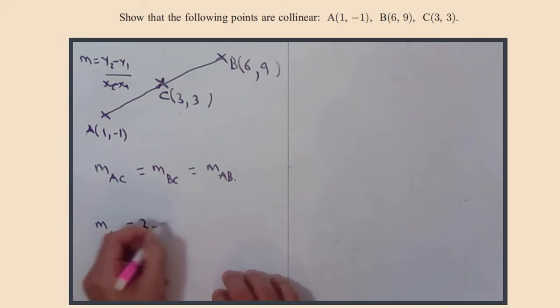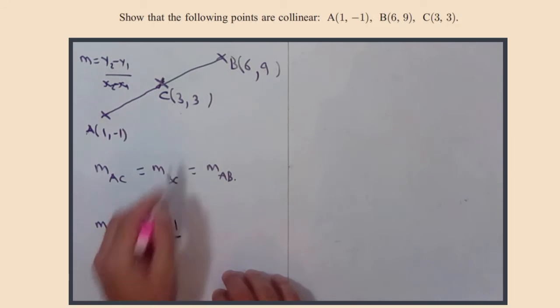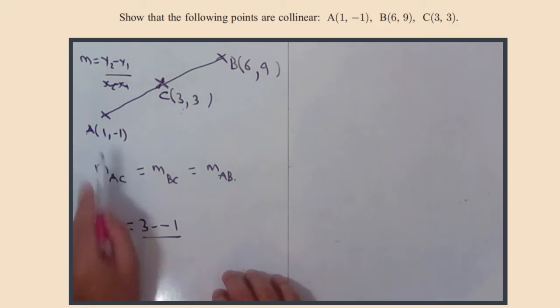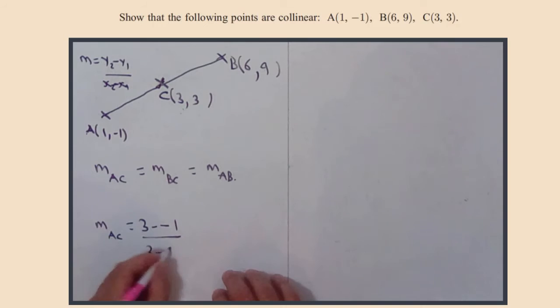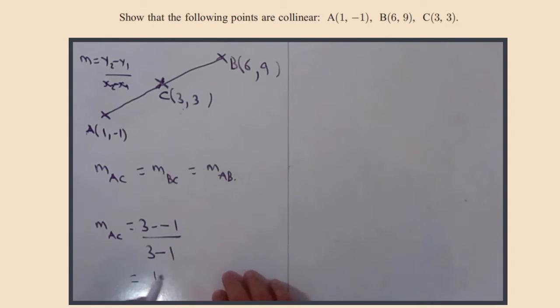So that would be 3 minus -1 over x2, 3 minus x1, 1. 3 minus -1 is 3 plus 1, which is 4. 3 minus 1 is 2. 4 over 2 is 2. So the gradient of the line from A to C, the straight line, is 2.